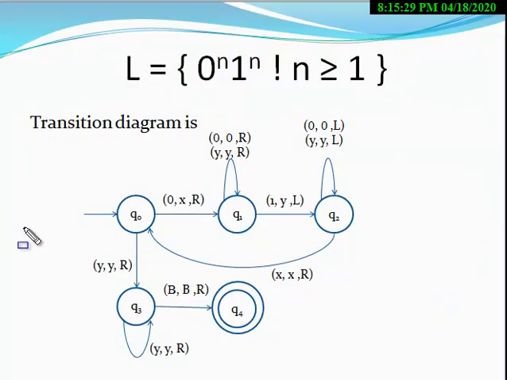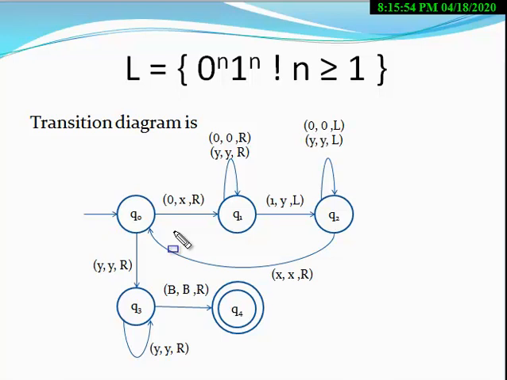This is the transition diagram for the constructed machine. Now we analyze how this transition diagram is drawn. Initially you have to start from the initial state Q0. So this is the initial state Q0.